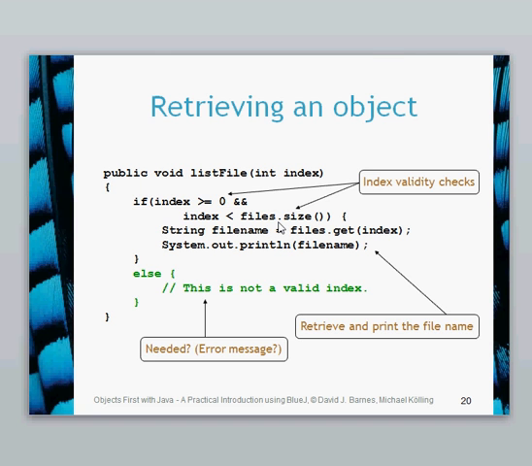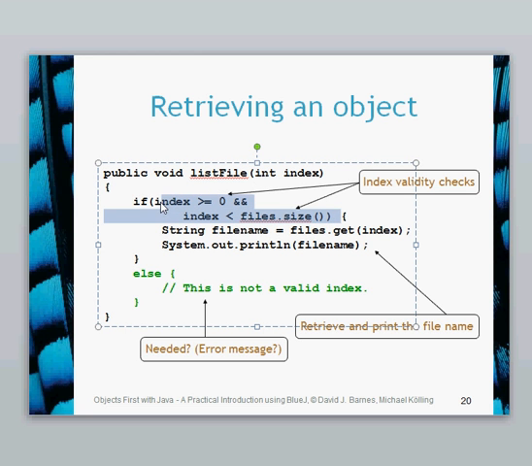If that Boolean expression is true, then it will go ahead and get that string. First of all, you create a temporary local variable called filename of type String. You then use the get method, which again is found in the API.